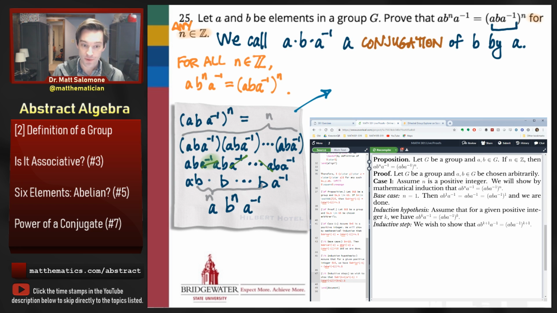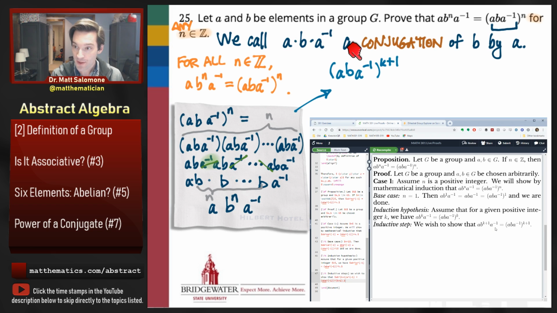So I now want to prove this equation, A B to the k+1 A inverse equals AB A inverse to the k+1. And so for that, I'm going to start with the expression on the right-hand side, A B A inverse quantity to the k+1. And because I'm writing an induction proof, my goal is to set myself up to use the induction hypothesis.